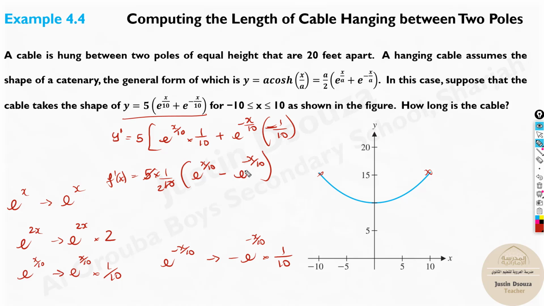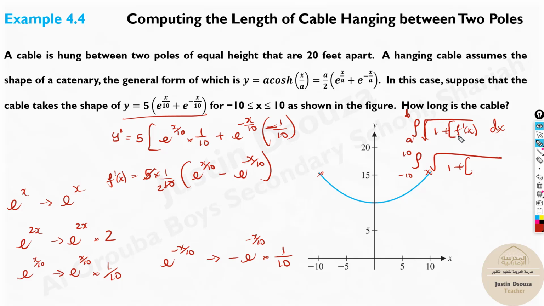Now the derivative is done. Now what is the formula? Integral a to b, then we have square root of 1 plus f prime of x squared dx. Now what is the interval over here? It's minus 10 to positive 10, and we have 1 plus f dash of x, this entire thing, just write it out.